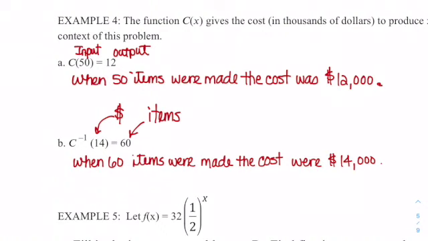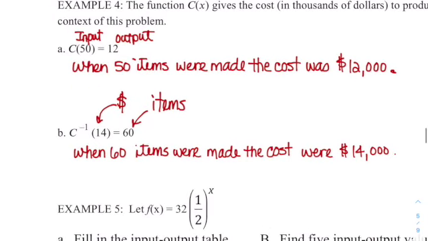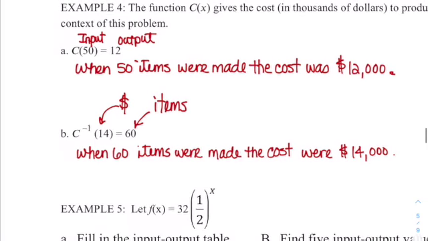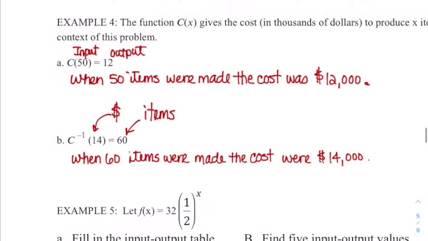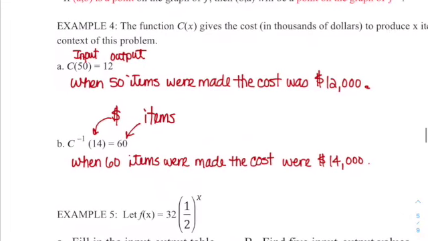The 14 is the dollar amount. The 60 is how many items because we switched them around. So the translation is when 60 items were made, the cost was $14,000. So that is example number 4.